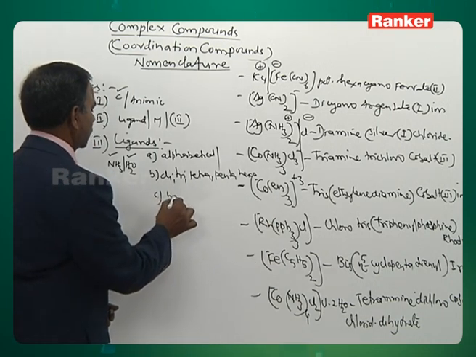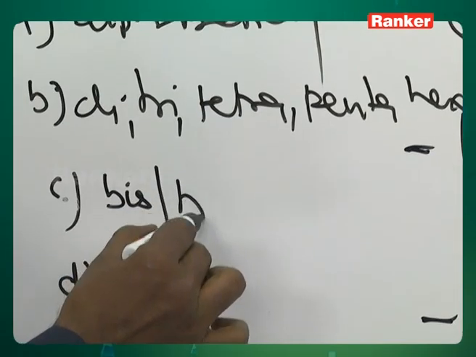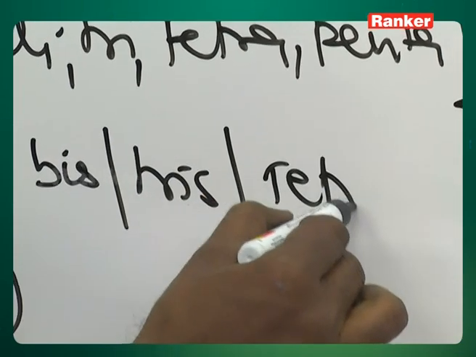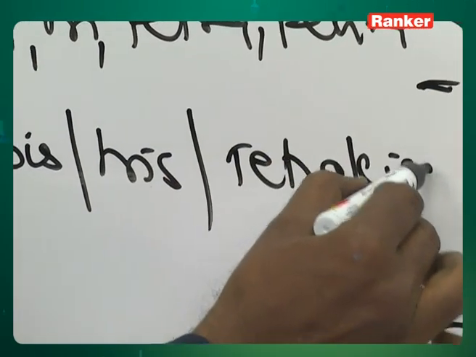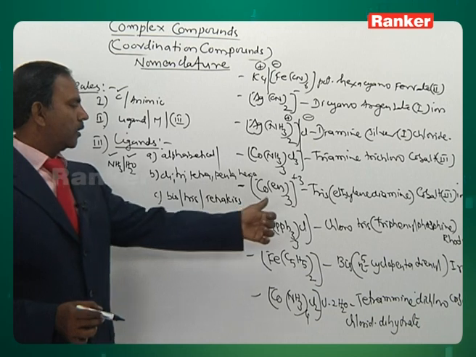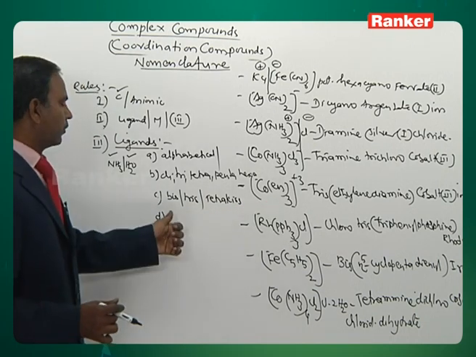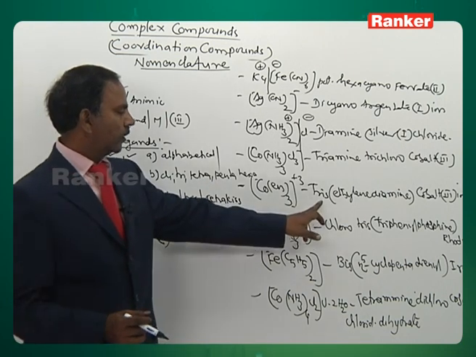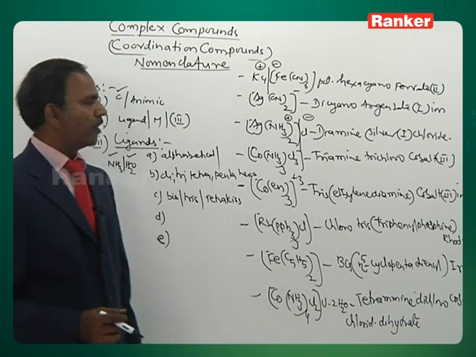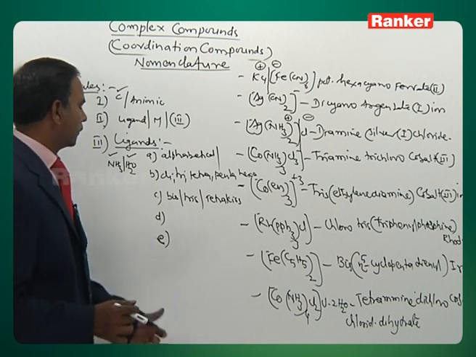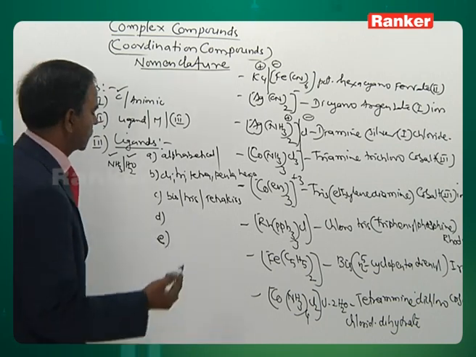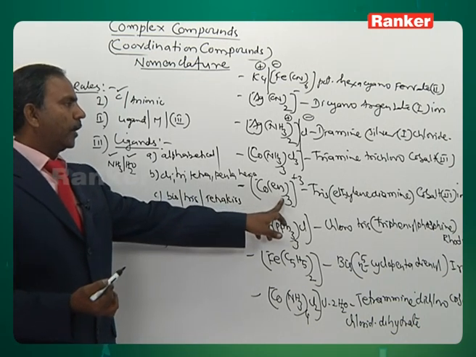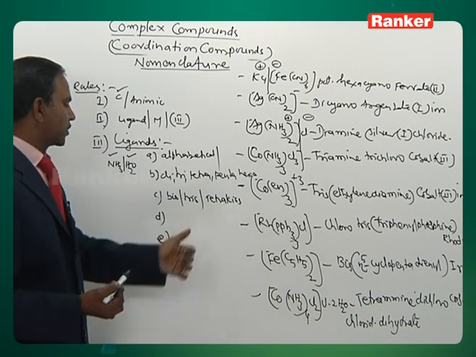Bis stands for twice, tris stands for thrice, and we use tetrakis. Here it is 3 times, therefore I used tris(ethylene)cobalt 3 ion. Next. While numbering polydentate and bidentate ligands, we have to use bis, tris, tetrakis.